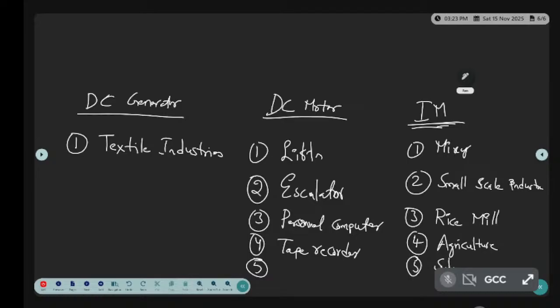Submersible pump. DC generator, textile industries, and generating station. It is also included in small scale.